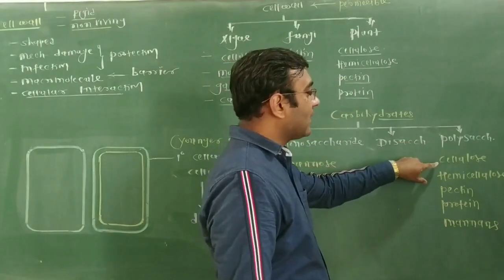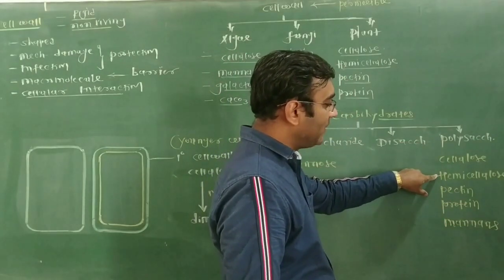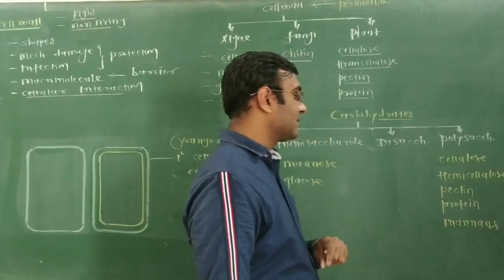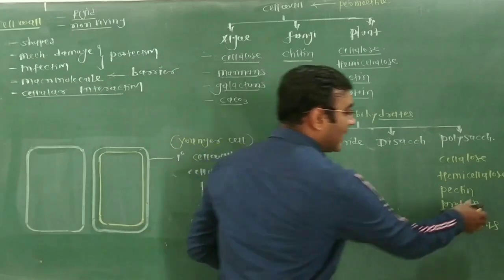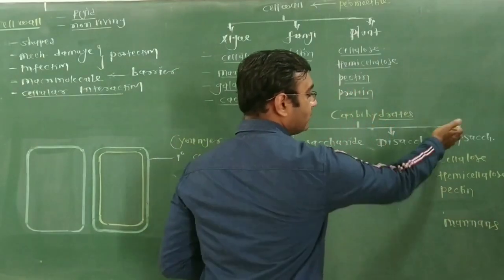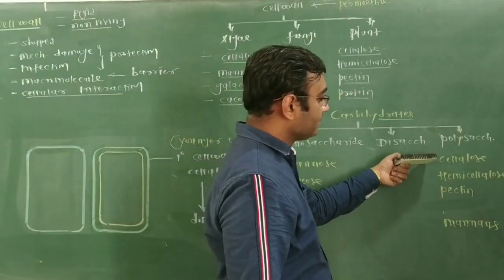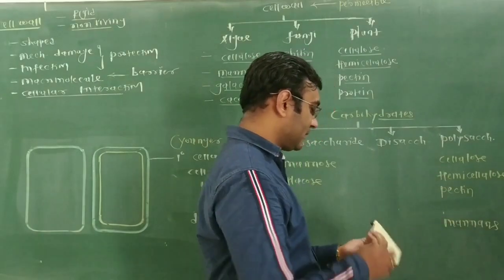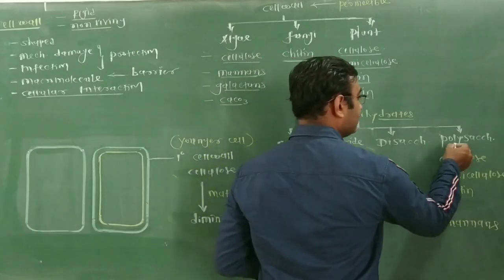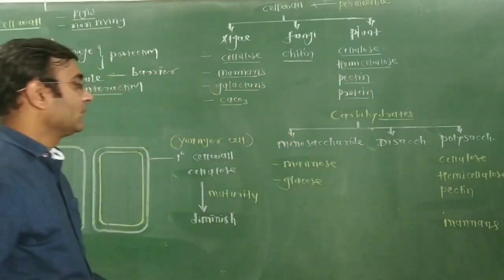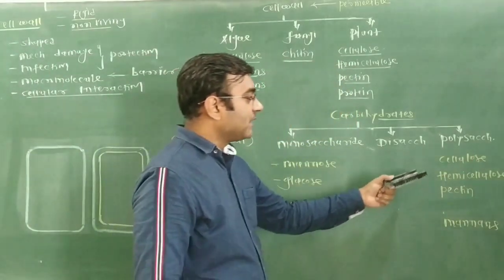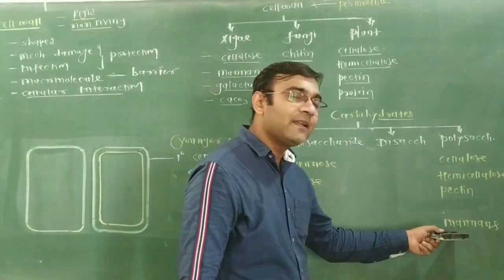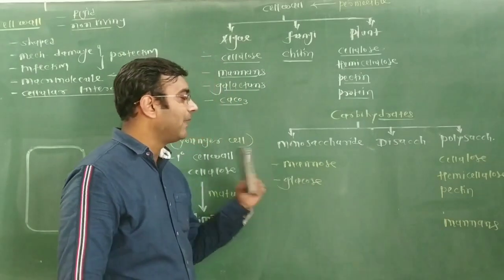So cell wall components such as cellulose, hemicellulose, pectin and mannans are all examples of polysaccharide. Cellulose is the polymer of glucose. Mannans is the polymer of mannose.